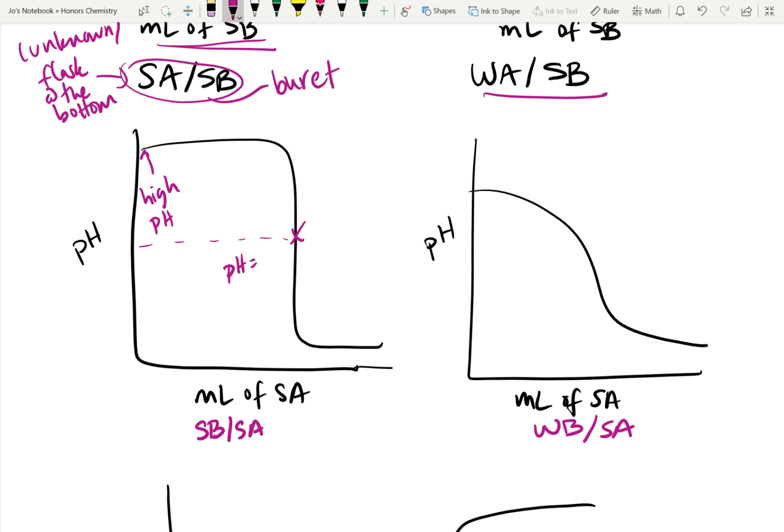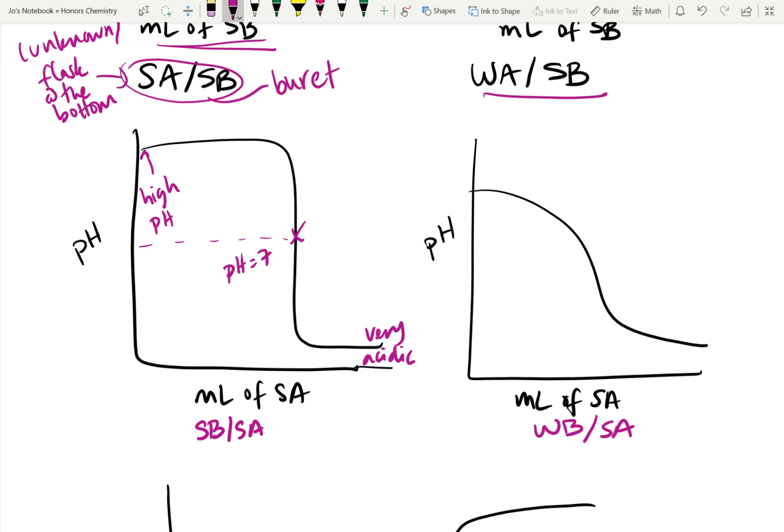The pH is also 7. And then it's going to be very acidic at the end. And you could probably use the same indicator you would have used for the strong acid, strong base titration. Notice the shape of the curve is just a mirror image of what you had for the strong acid, strong base. So if you actually had this on an overhead or something like that, and you physically flip it, you would see it's just a mirror image.